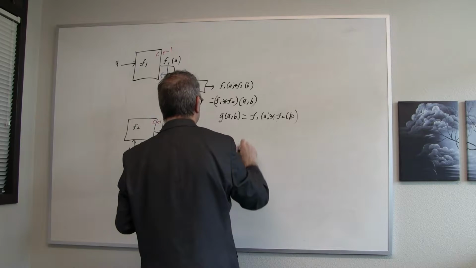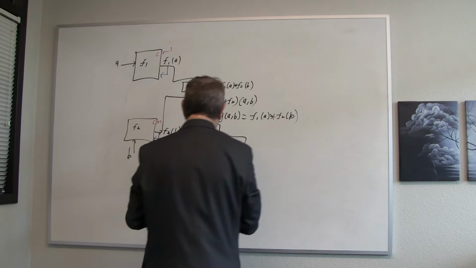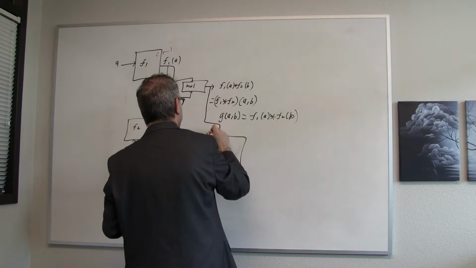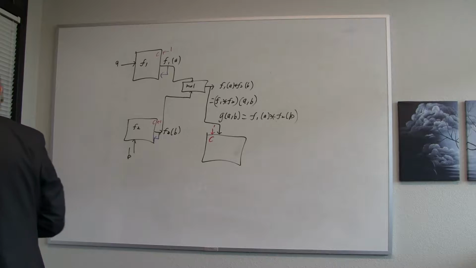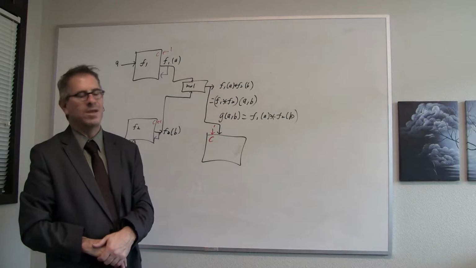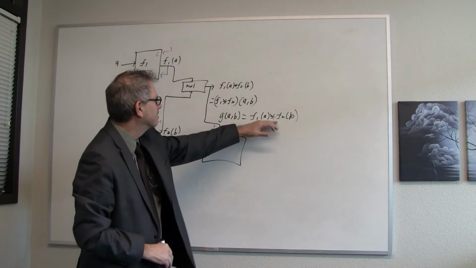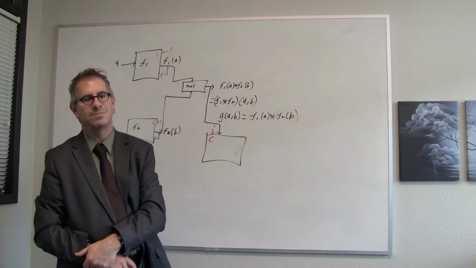And we take the output of this and load it into a cell that's also in C mode. So the question is, how will the function of this cell be programmed? And the answer is it'll be programmed like this new function F1 times F2, a function of two variables.